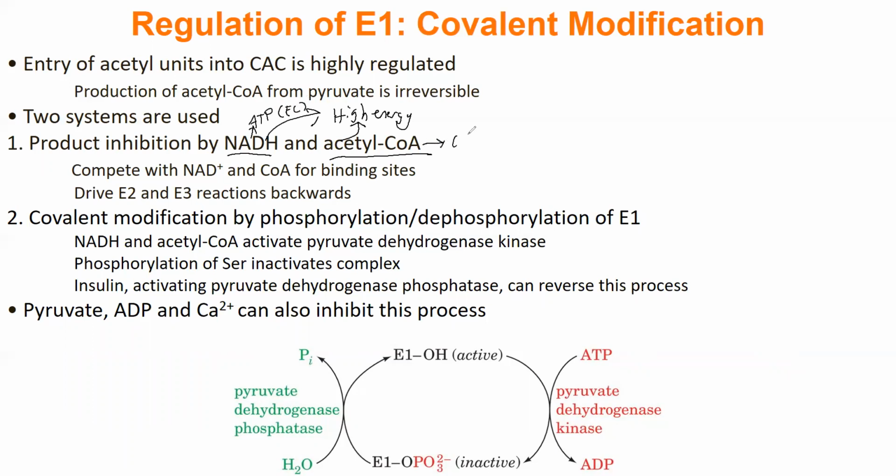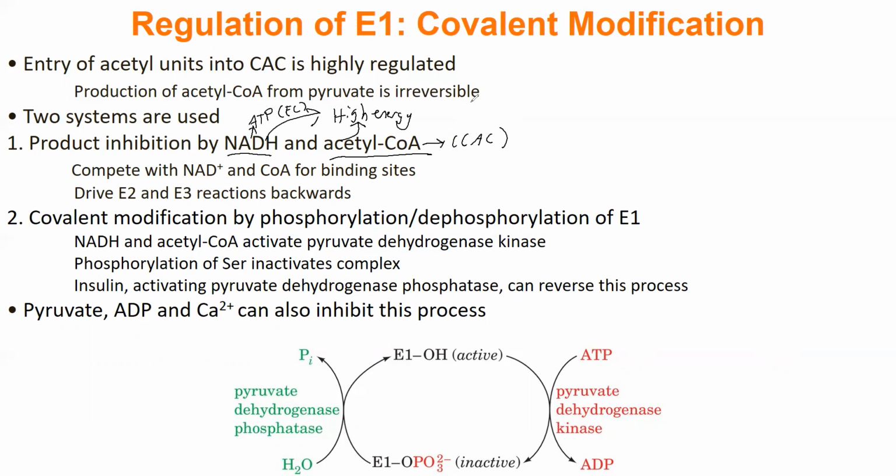Acetyl-CoA is fed into the citric acid cycle itself to make ATP and more NADH. So if you have very high levels of NADH and acetyl-CoA, it really doesn't make sense to run the citric acid cycle more because you're already maxed out on the amount of energy you have.